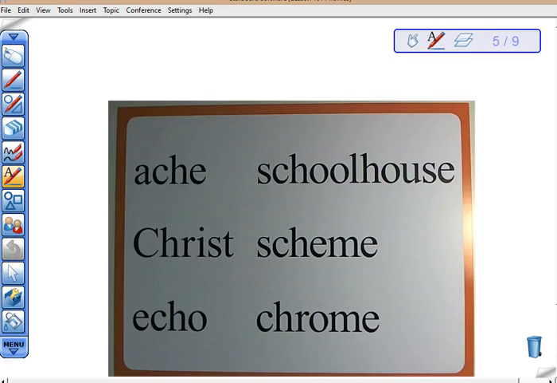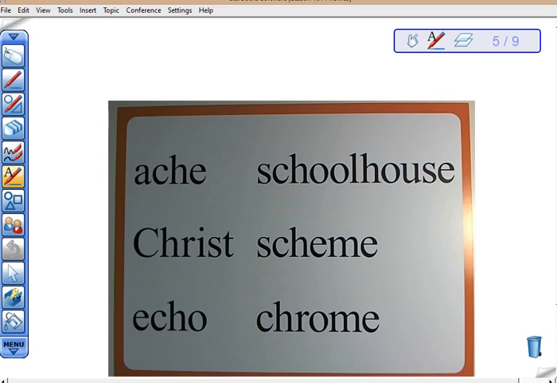This one is ache. Long A, silent E. Ache. When I have an ache and a pain, got a headache. How about this word? Schoolhouse. Schoolhouse. How about this one? Christ. Scheme.